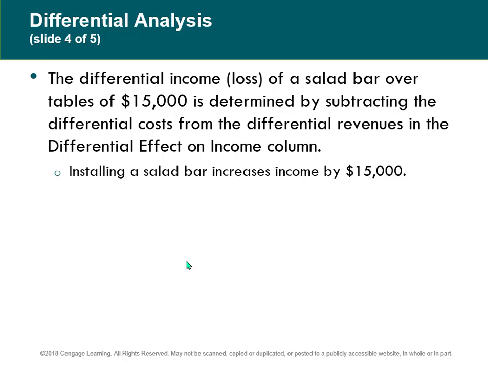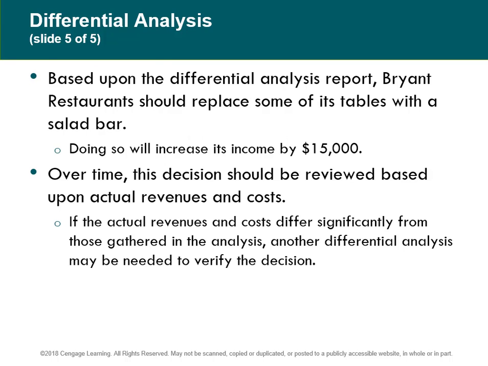So all in all, the differential effect of the salad bar over the tables is $15,000, determined by subtracting the differential costs from the differential revenues in the effect on income column. If they do this, it'll increase their income by $15,000. And after a while, you want to take a look at your actual costs and revenues and compare them to what you thought they were going to be.